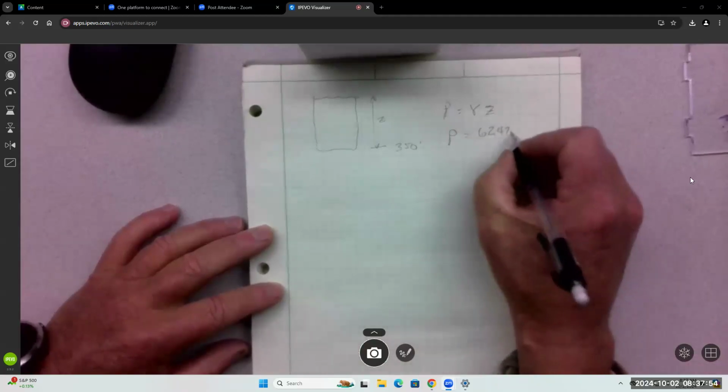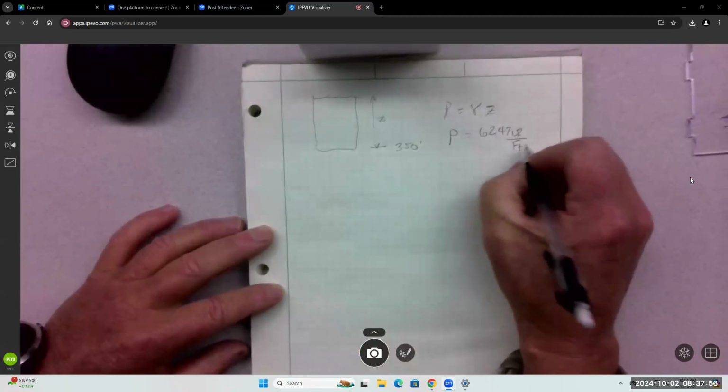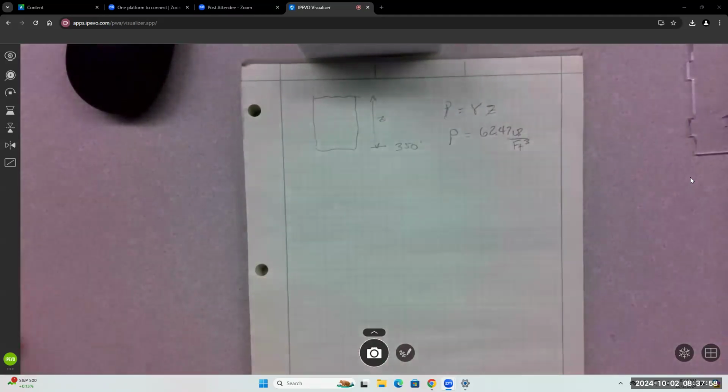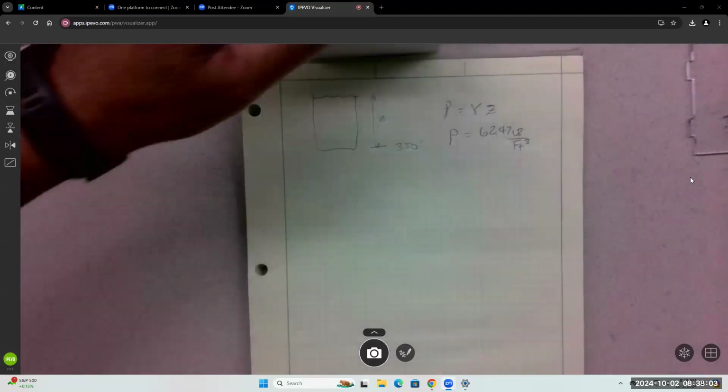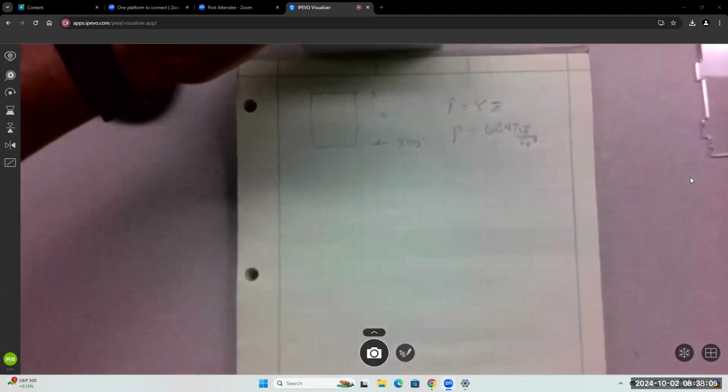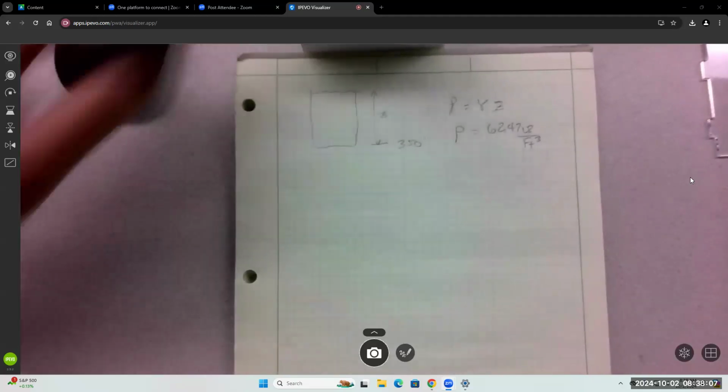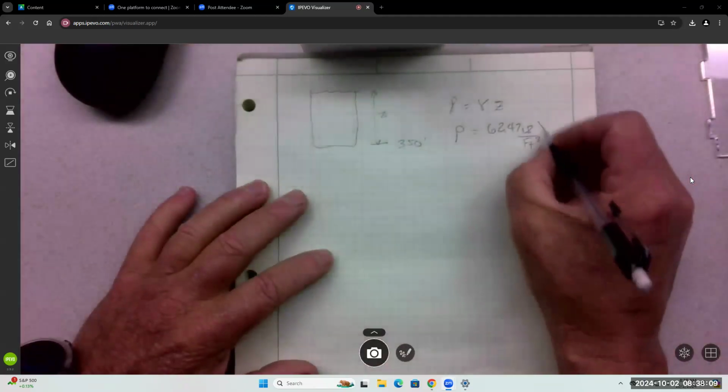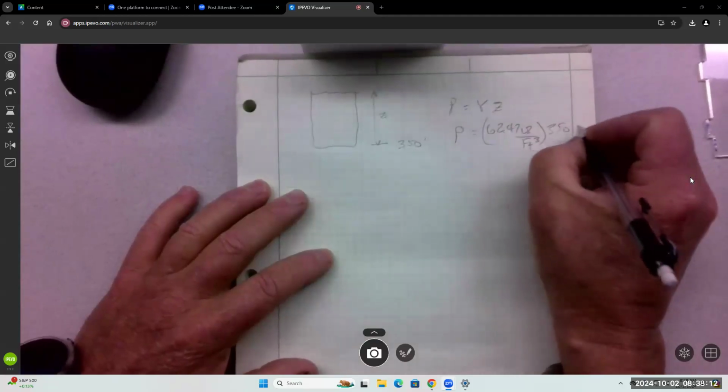We're gonna get that one, remember. Pounds per cubic foot. Important to remember the unit of that. Yep, and then our Z, 350 feet, that's easy.